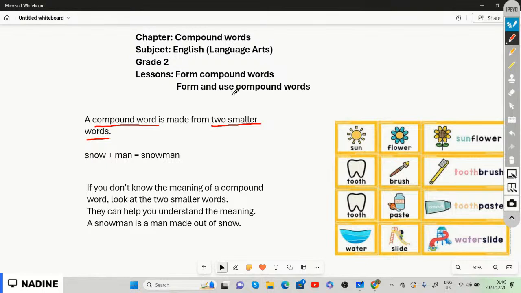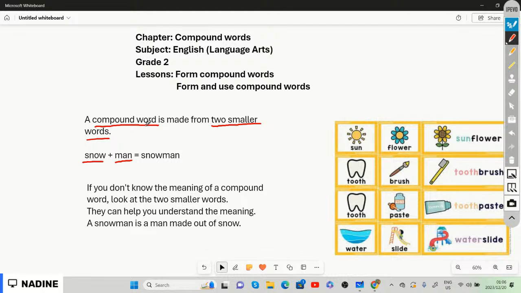For example, snow plus man. Snow is a little ice particle that comes from the sky, from the clouds. Then we have man, a human, male figure.